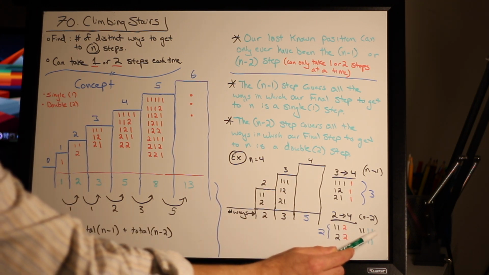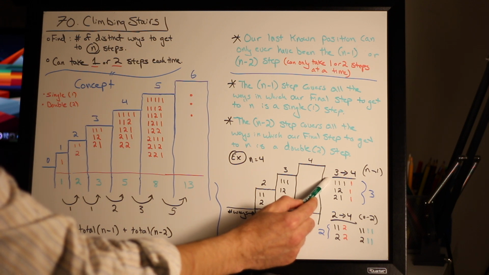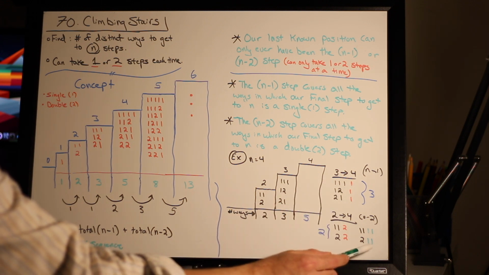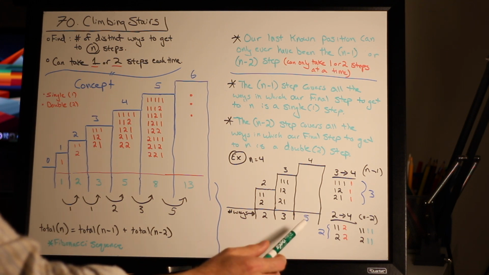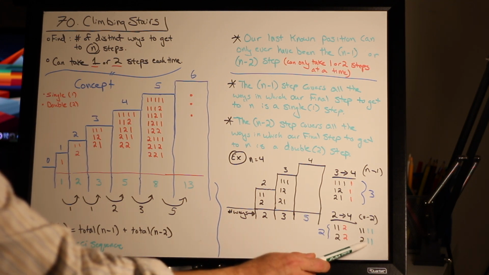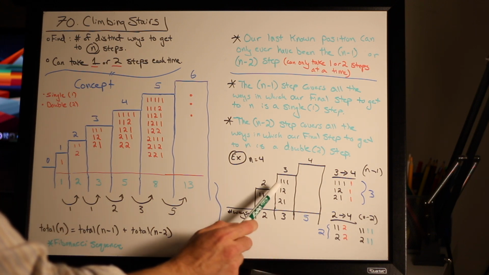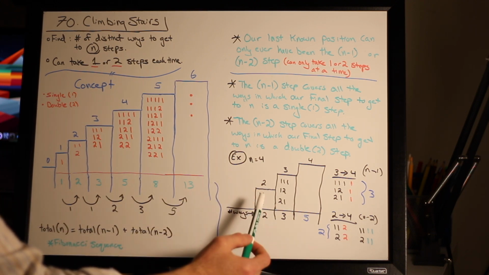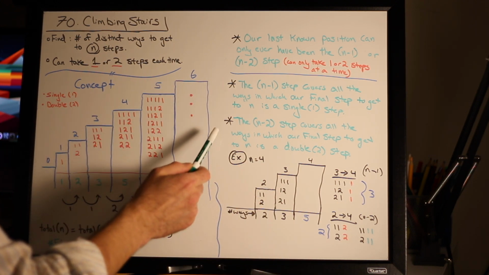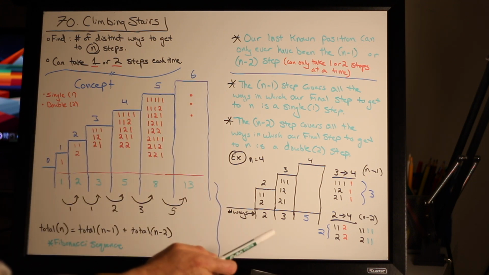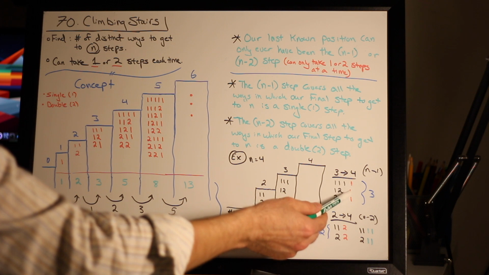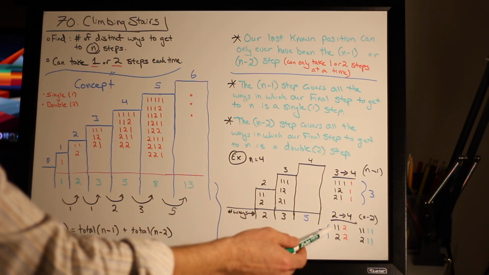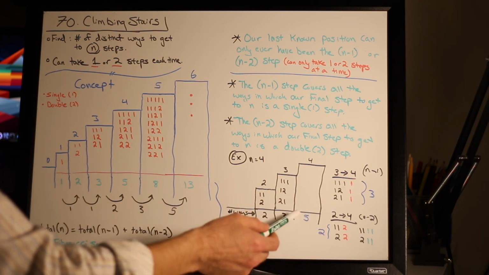So 1, 1 and 1, 1 is equal to that, and then 2 followed by 2 single steps is equal to that. So the ones that use the single step are already explored in the n minus 1th step. So these two principles hold true, and we can use that when designing our answer, because now we just take the sum of the total ways and we get 5. So 3 plus 2, 5.